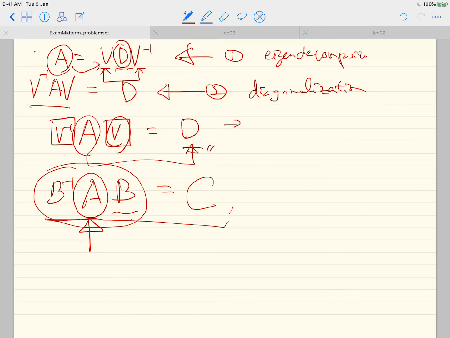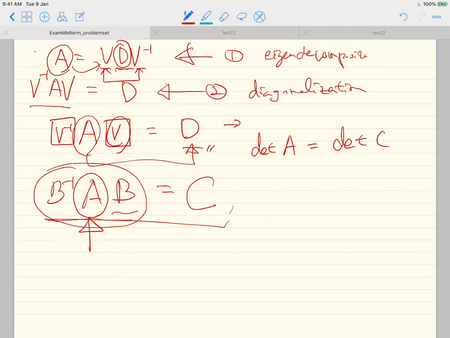In this case, the determinant of A is the same as the determinant of C. This transformation is called the similarity transformation, right? And why is it called the similarity transformation? More intuitively, you can think of it as just a similar transformation. It means we transform a matrix A into another matrix similar to A, right? So that way we call it a similarity transformation.